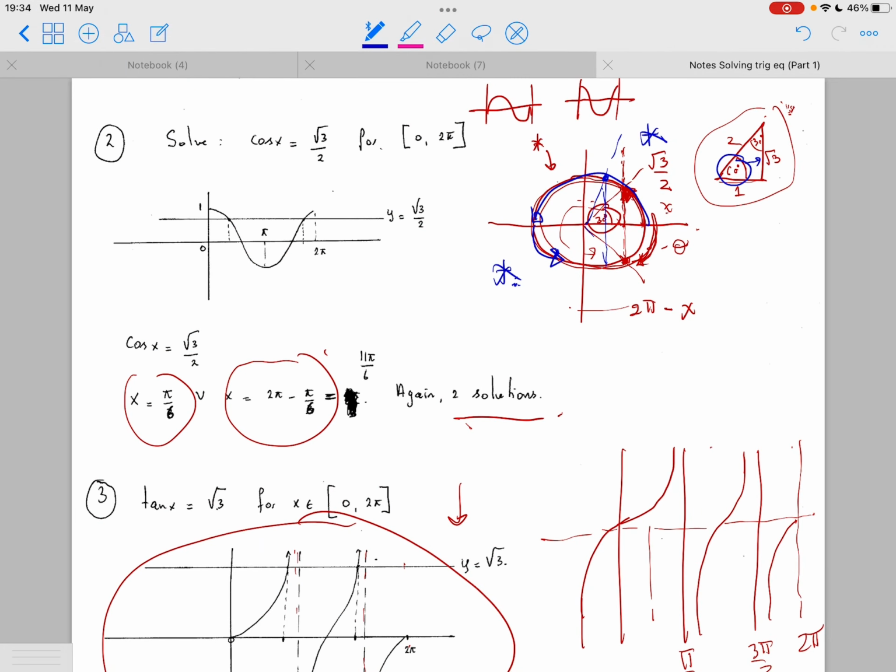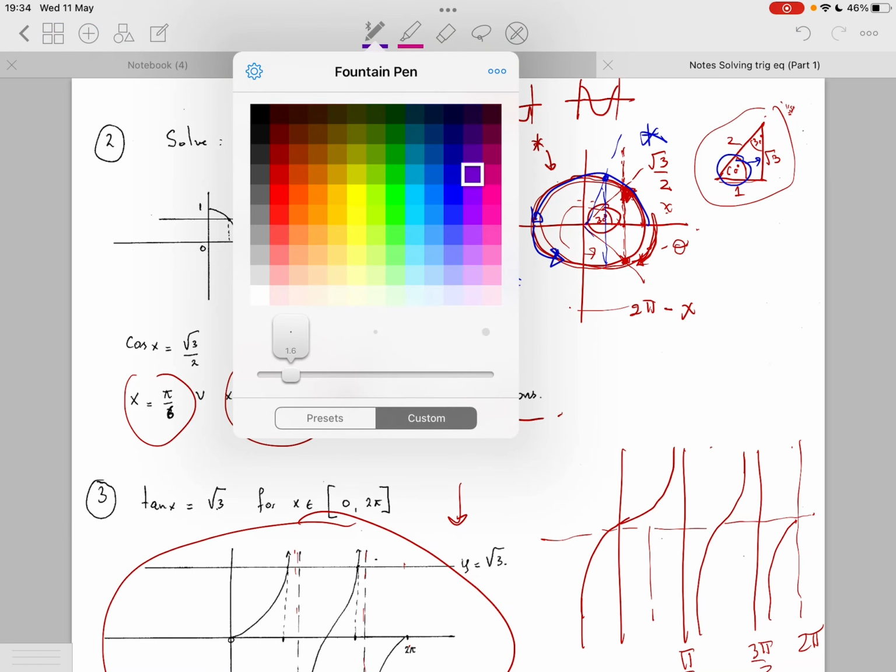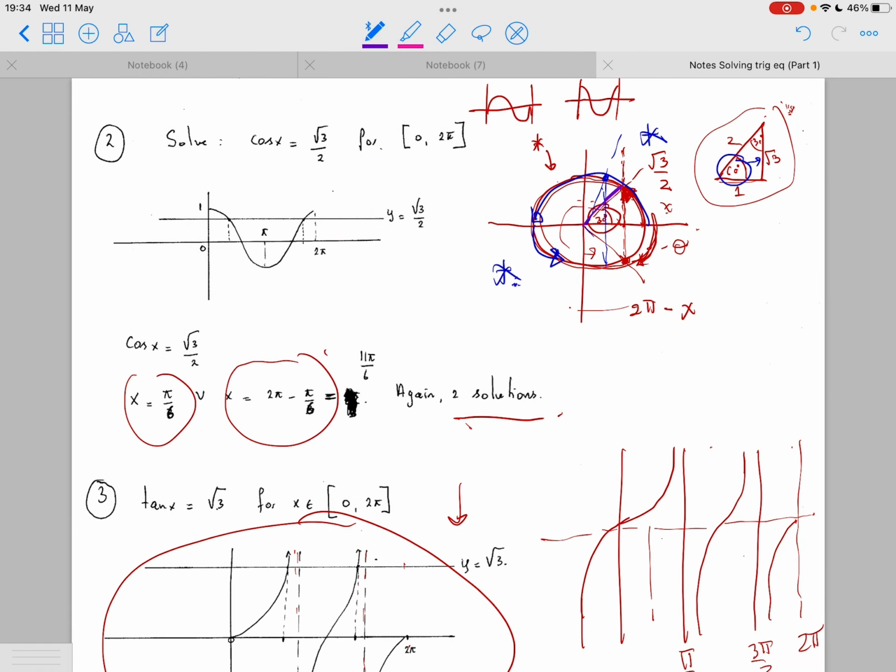So for tan, just remember that it needs to have the same sign. So for this quadrant, if the first tan is in this quadrant, another tan answer of the angle is in this quadrant, which is pi plus theta. If the answer is in this quadrant, this means that sine and cosine have opposite sign.